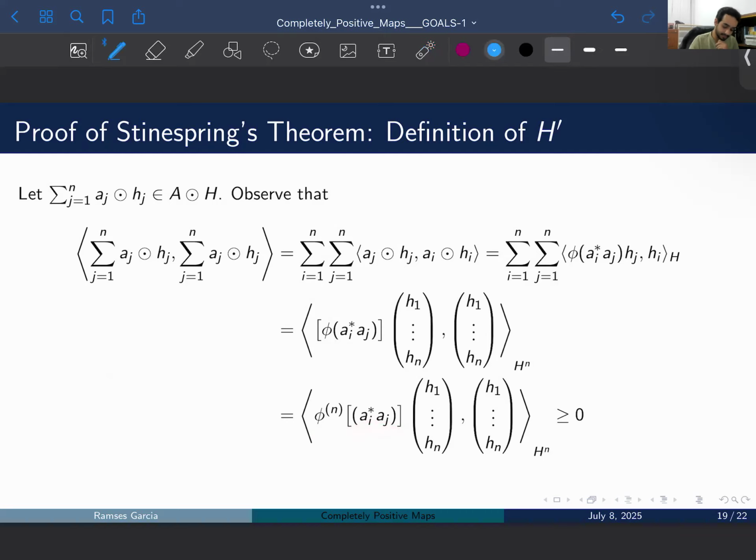and it is an easy exercise to show that the following matrix is always positive for every element A1 to An.